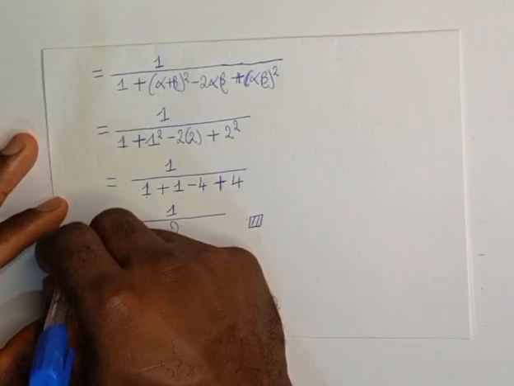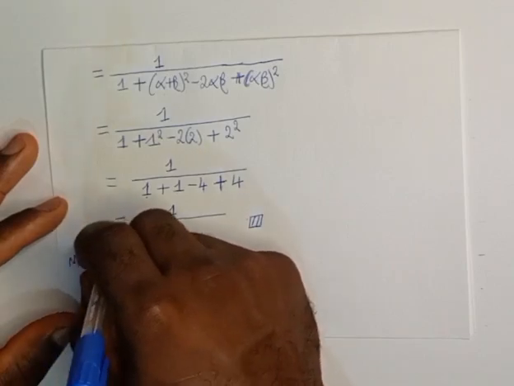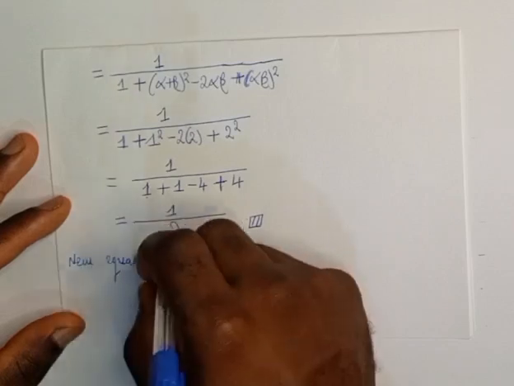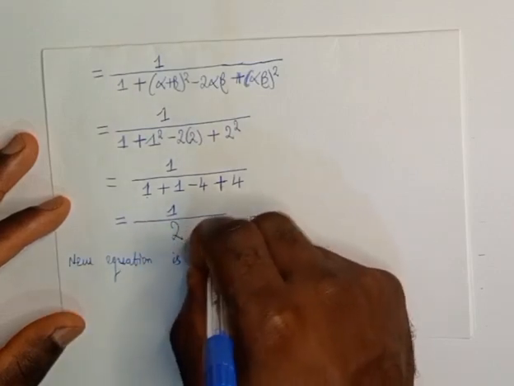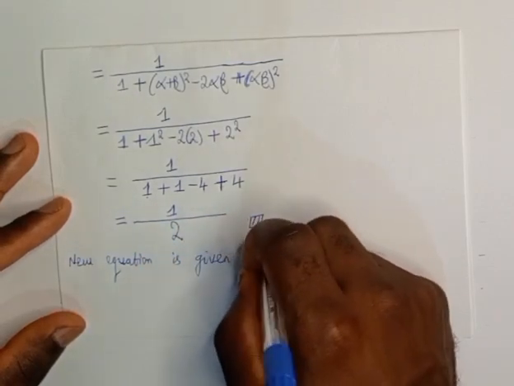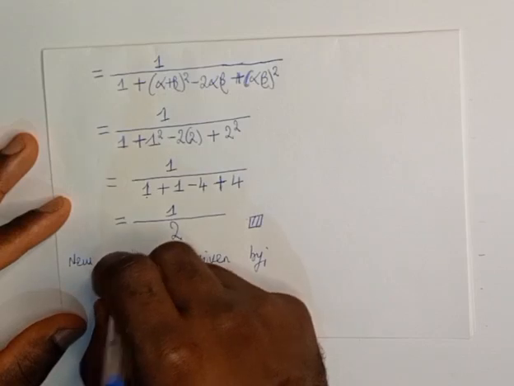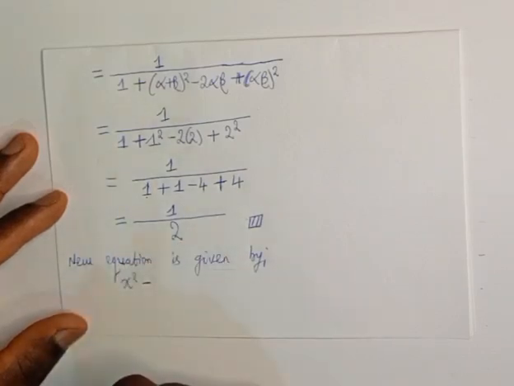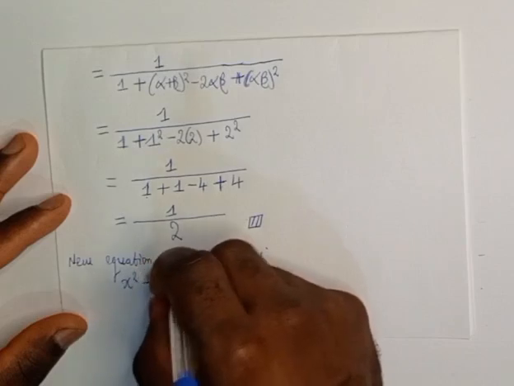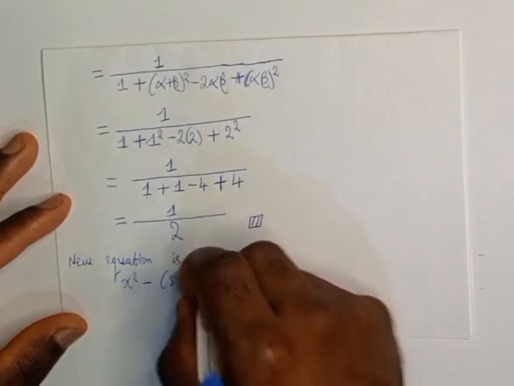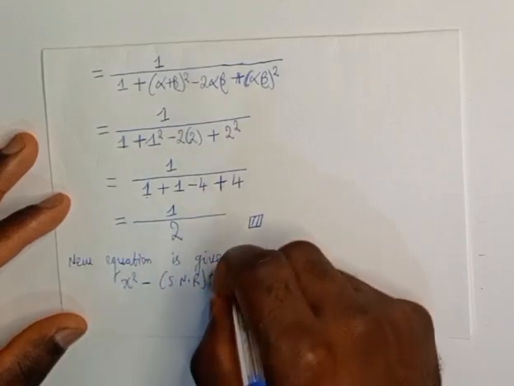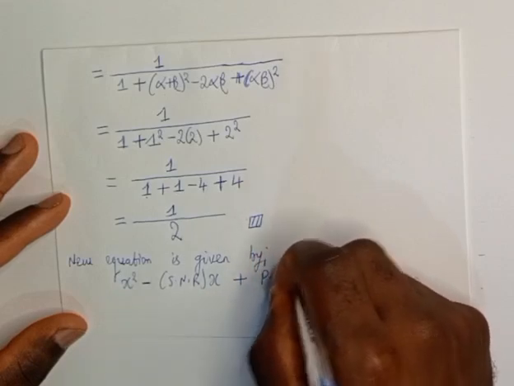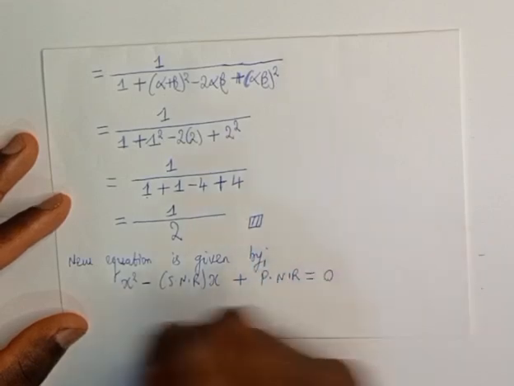First, we know the new equation is given by x squared minus the sum of new roots times x plus the product of new roots is equal to 0.